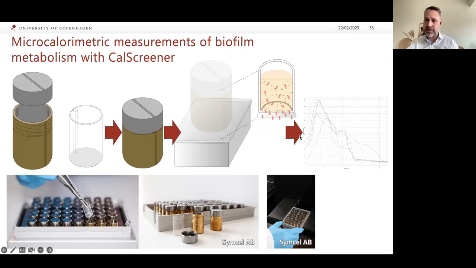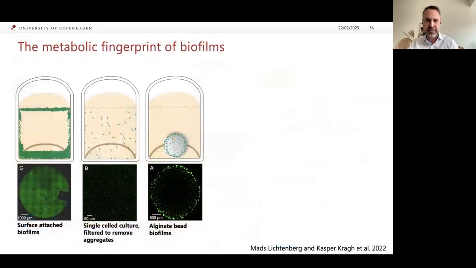And these patterns will be quite unique to each type of bacteria, what carbon source they're growing on, and also which state they're in, biofilm or not biofilm. And that was what we really wanted to capture with this system. We wanted to see if we could find a metabolic fingerprint for biofilm.